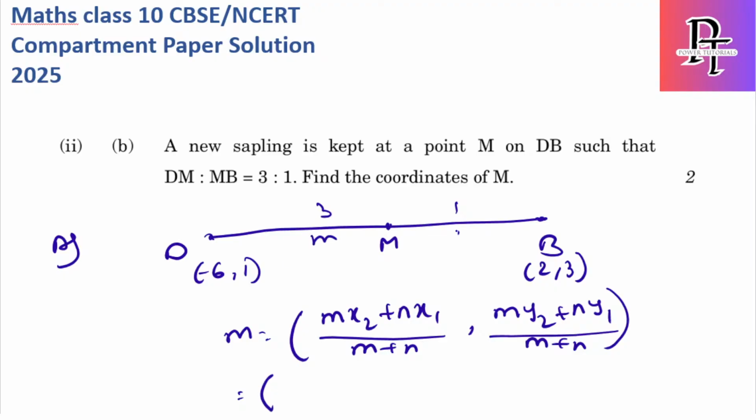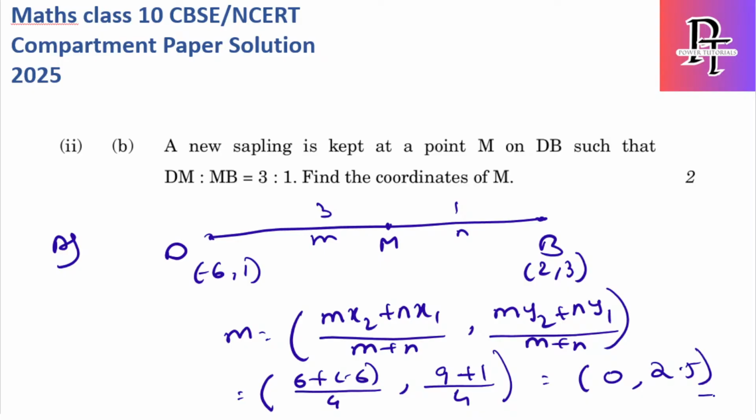So 3 into 2 is 6 plus 1 into minus 6, which is minus 6, by m plus n, which is 3 plus 1 is 4, and 3 into 3 is 9, 1 into 1 is 1, by 4. So 6 minus 6 is 0, 0 comma 10 by 4, 10 by 4 is nothing but 2.5. So the M point is 0 comma 2.5.